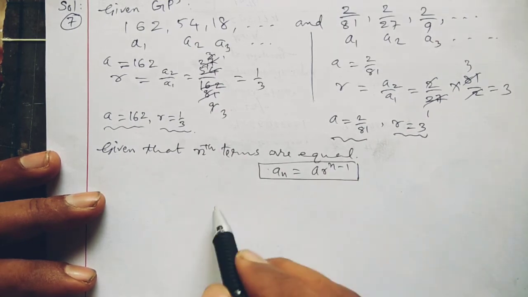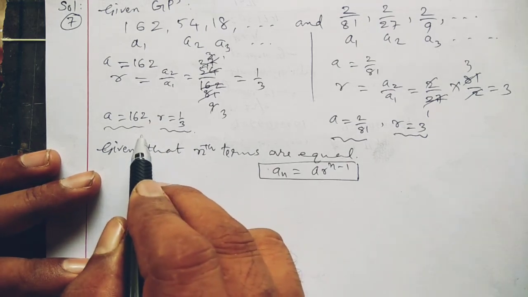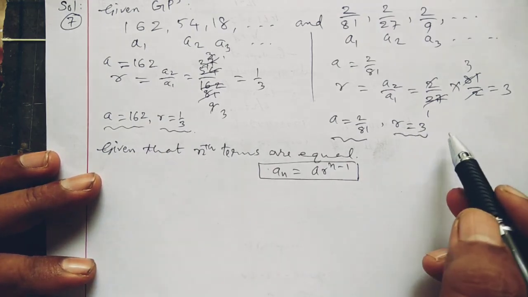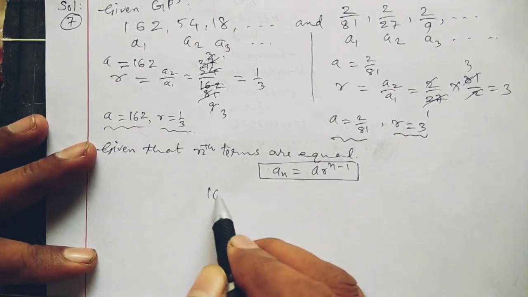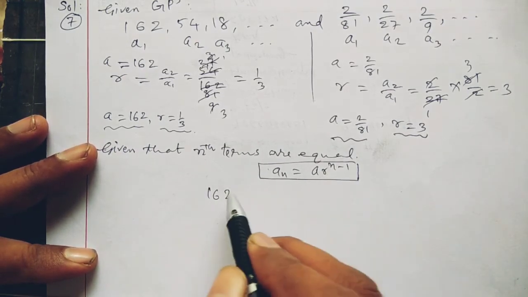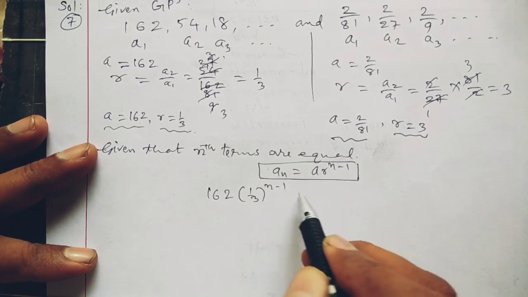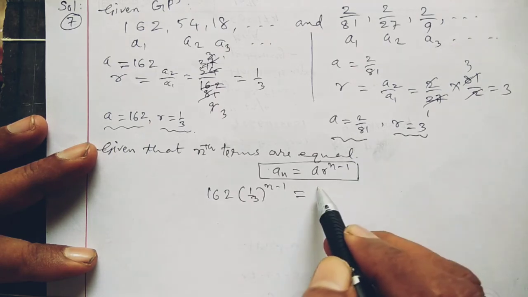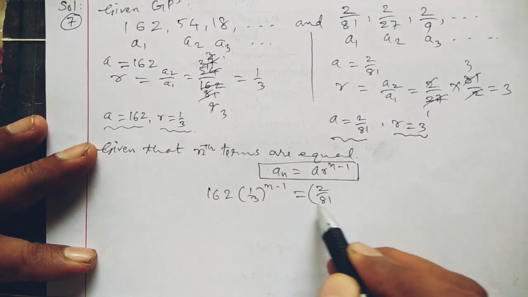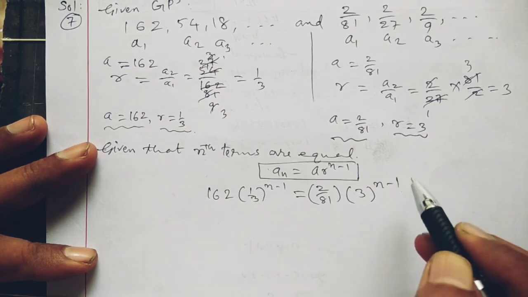So we have to substitute these values on LHS, these values on RHS. A 162, R value 1 by 3 whole to the power of n minus 1 is equal to A 2 by 81 into 3 to the power of n minus 1.